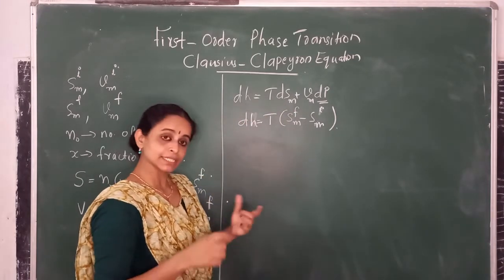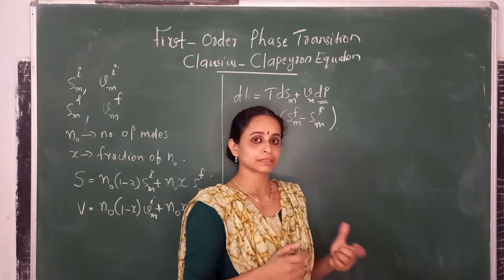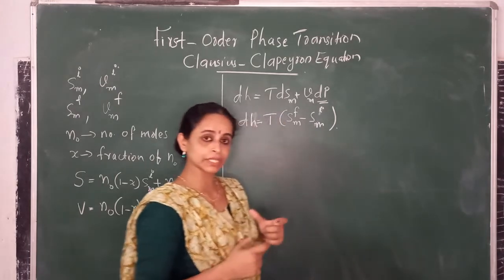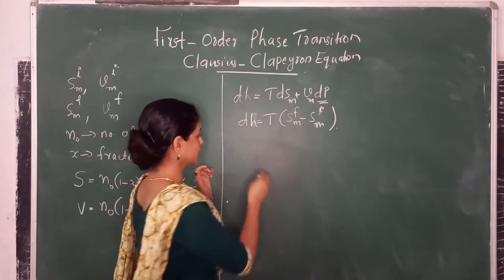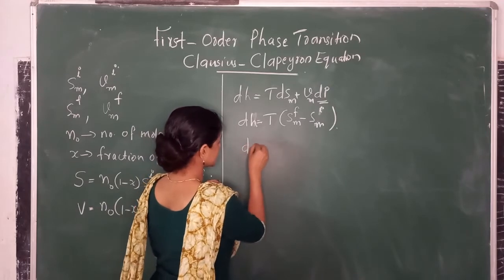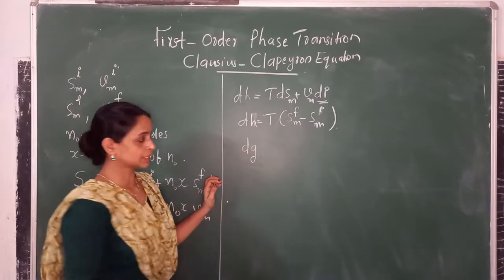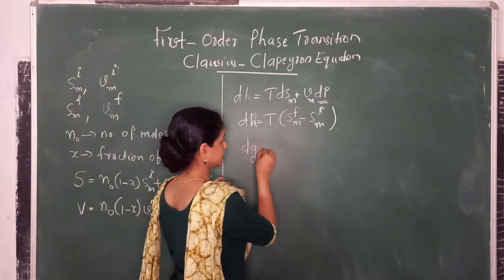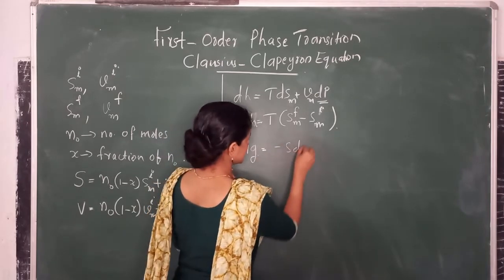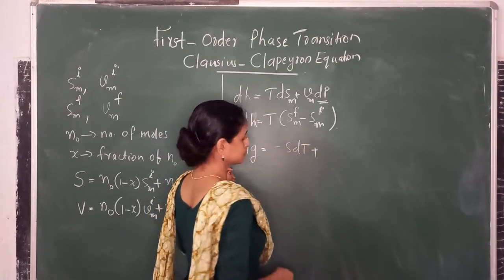So we can write the Gibbs energy equation here also, that is dG, the molar Gibbs energy, equals minus SdT plus VdP.